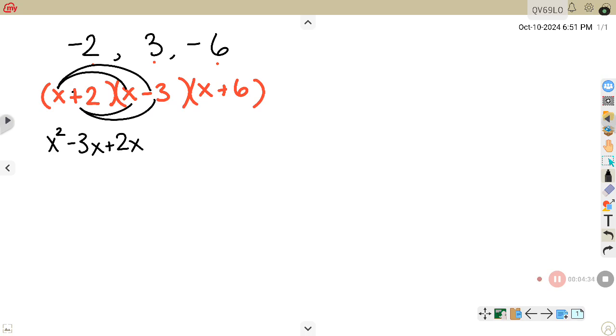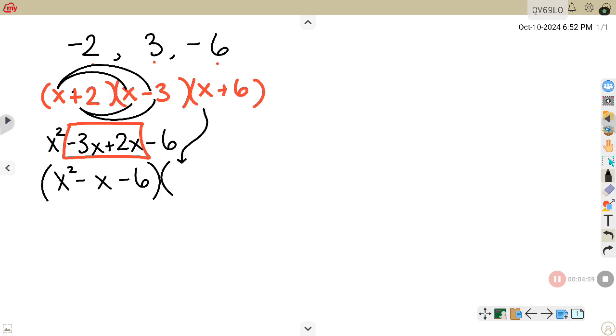And then my last, positive 2 times negative 3 gives me negative 6. The middle terms are like terms. So now I have x squared, negative 3x, and plus 2x. When I put those together, I get minus x, and then bring down the minus 6. So that multiplied the first two parentheses together.